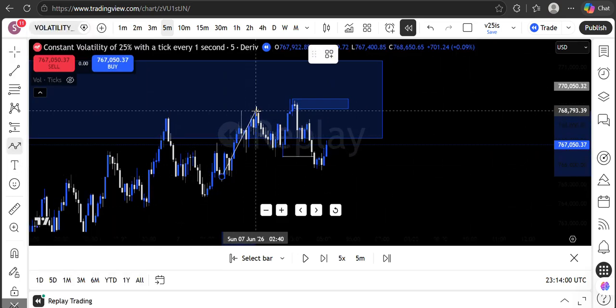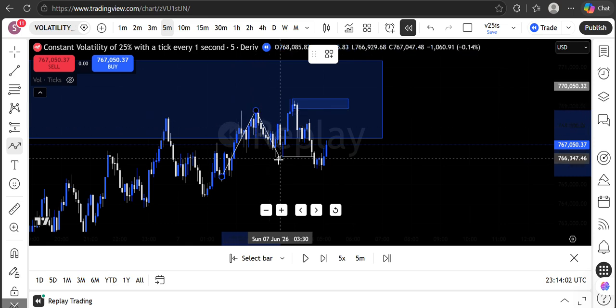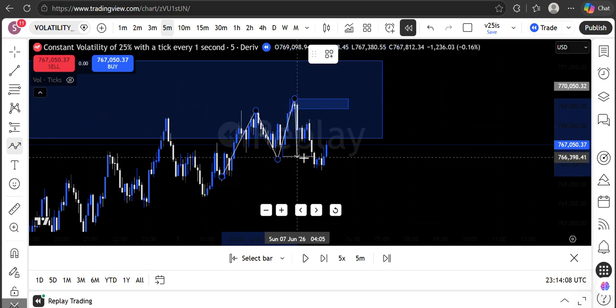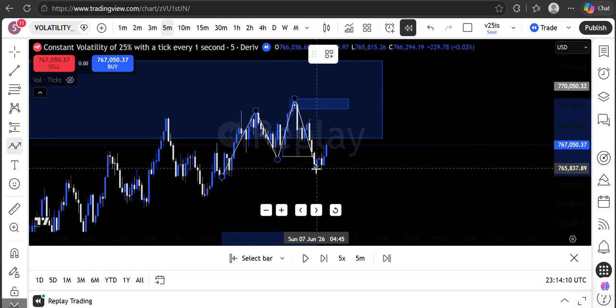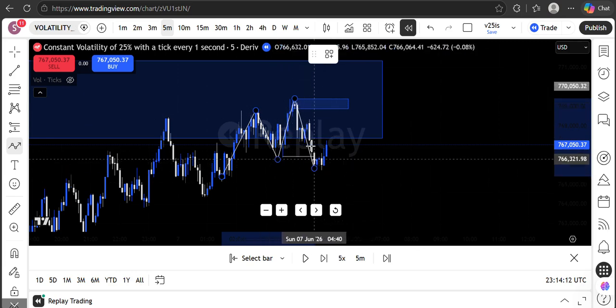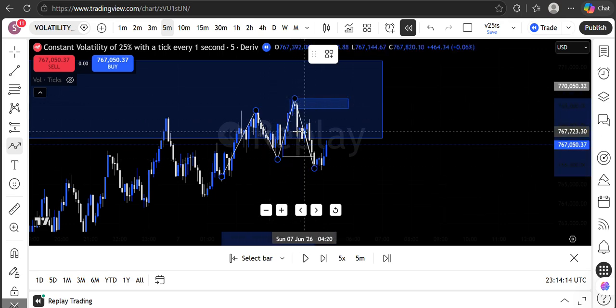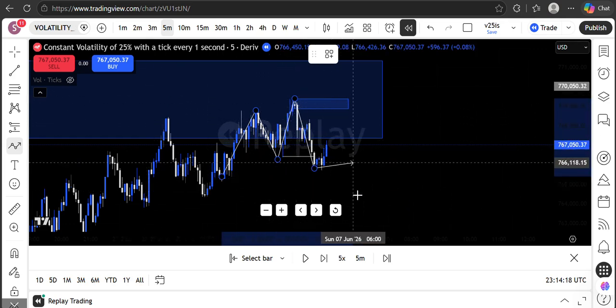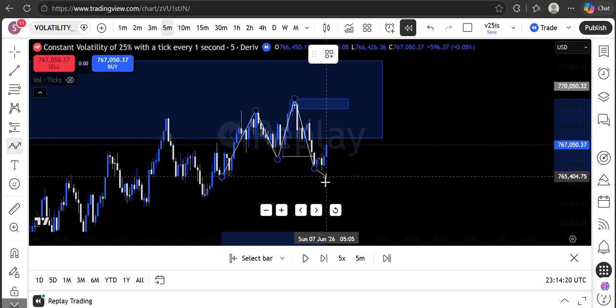Of course, there was this up, down. There was a break of structure to the upside, and then another break of structure to the downside. So we have this change of character here. This signifies a possible trend reversal from this uptrend to a downtrend, from this upward movement to a downward movement.